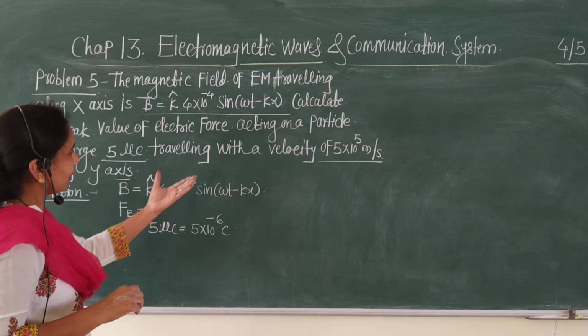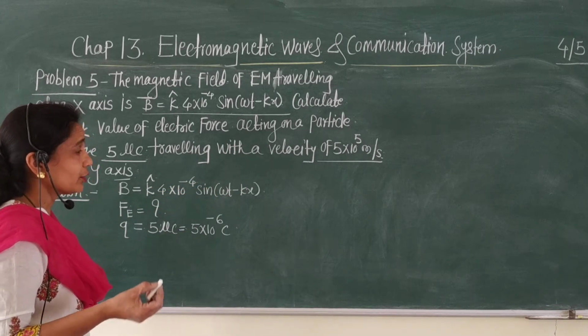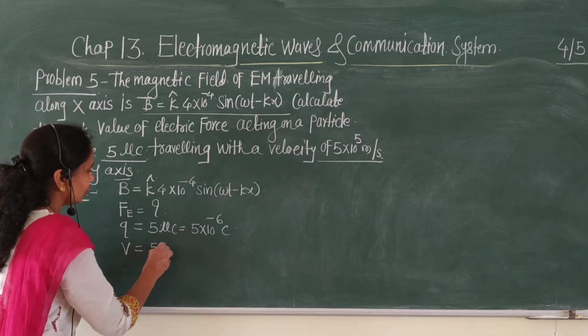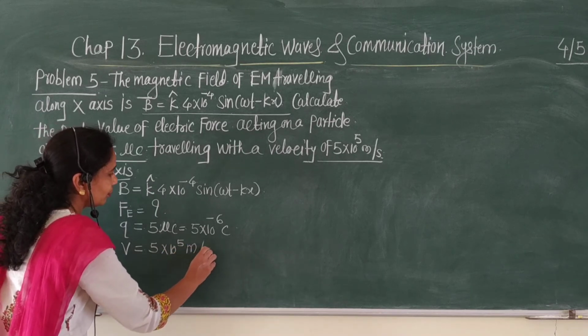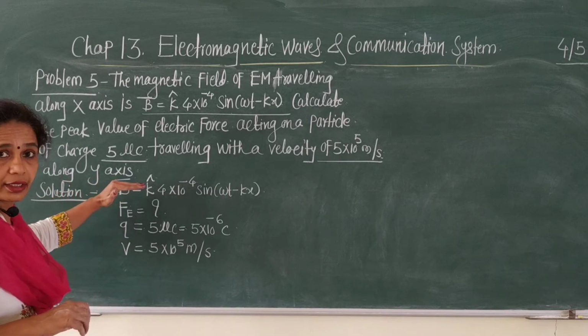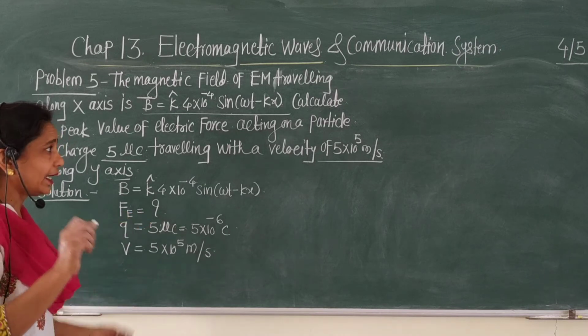Convert it into coulomb: 5 into 10 raised to minus 6 coulomb. Traveling with a velocity of 5 into 10 raised to 5 meter per second. Therefore, V is equal to 5 into 10 raised to 5 meter per second along the y-axis. We have to calculate Fe.